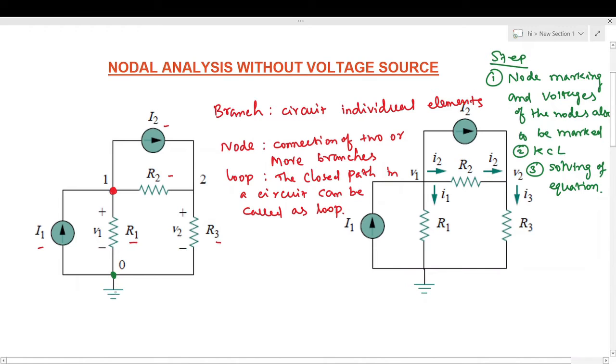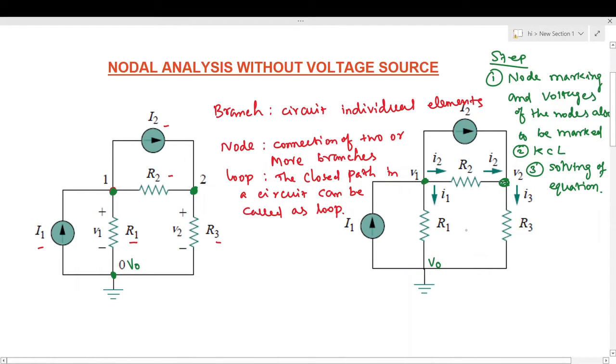We mark the ground as the reference node, node 0, and this node we can mark as 1, and the node which is available here, that is the connection point of R2 and R3, we will mark as node 2. The voltage at node 0 will be V0. We will mark it in this circuit diagram: V0, the voltage at node 1 will be V1, and the voltage at node 2 will be V2.